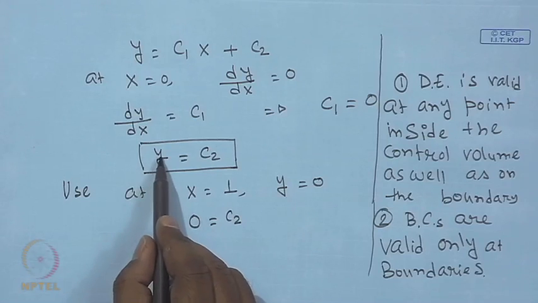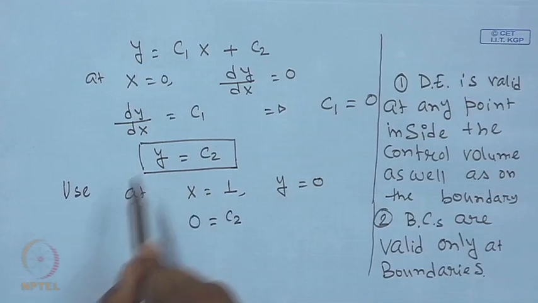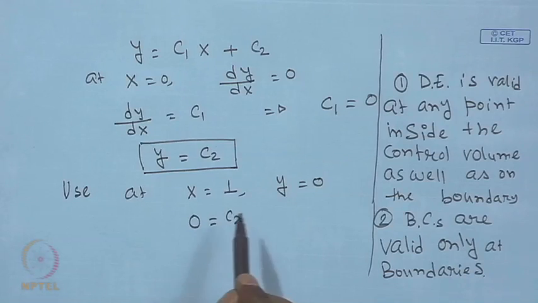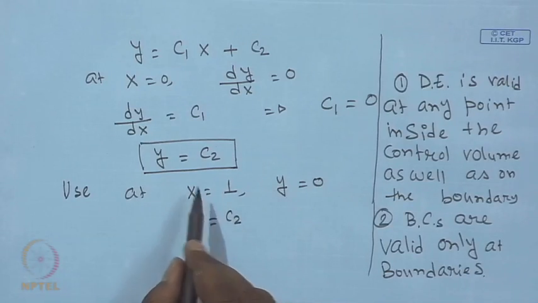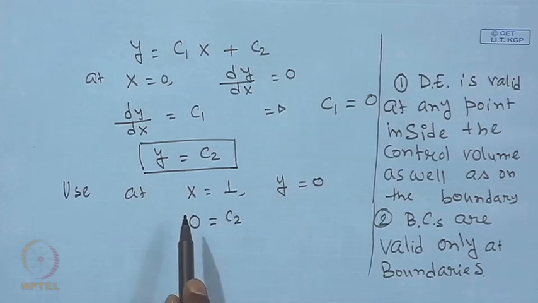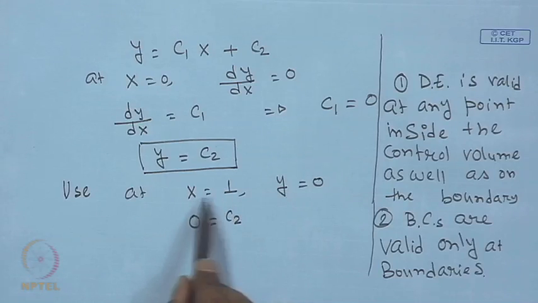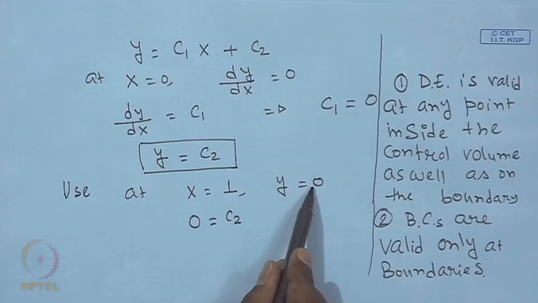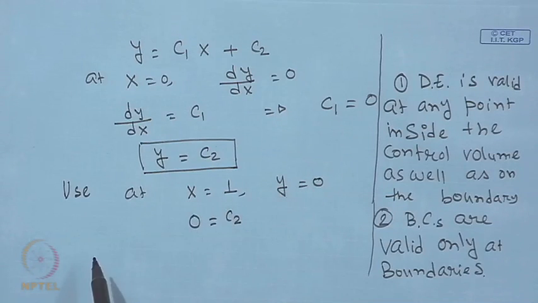So, therefore, my differential equation must be satisfied at every point inside the control volume as well as it must satisfy the boundary condition. Now, we have seen that the solution of the differential equation is a constant, that constant is equal to c 2, but the solution must be equal to 0 at the boundary x is equal to 1.